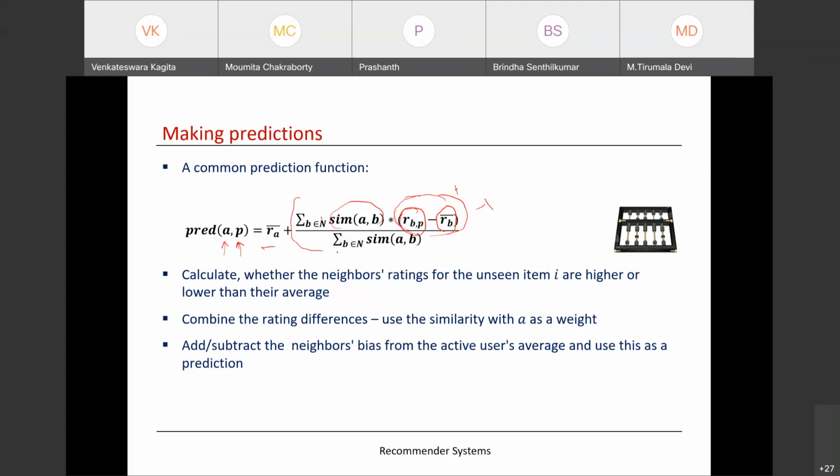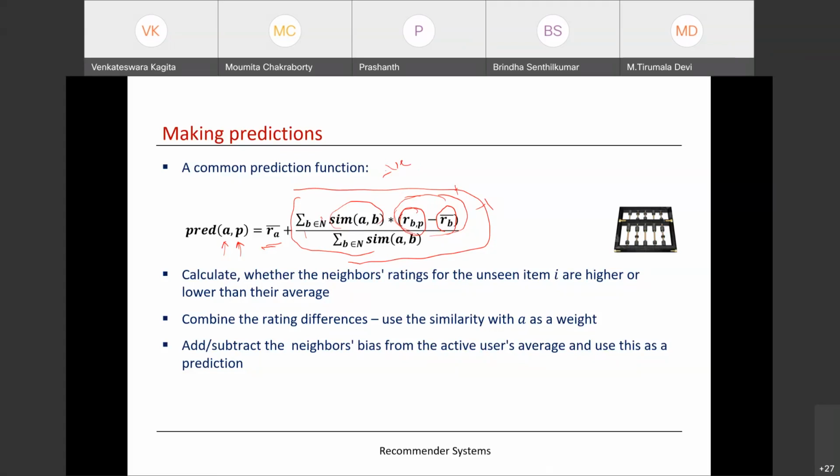Among the peers, on average, if they like the item, then you add some positive quantity to this average. It means that user A also will like the item. If it is a negative quantity, it means the peers dislike the item, so user A probably will also dislike it. That is the intuition behind this prediction.